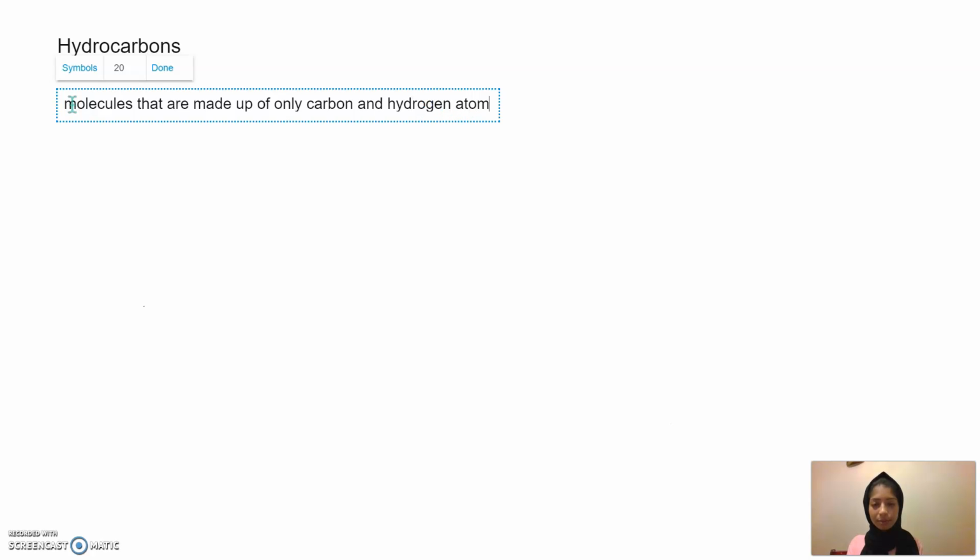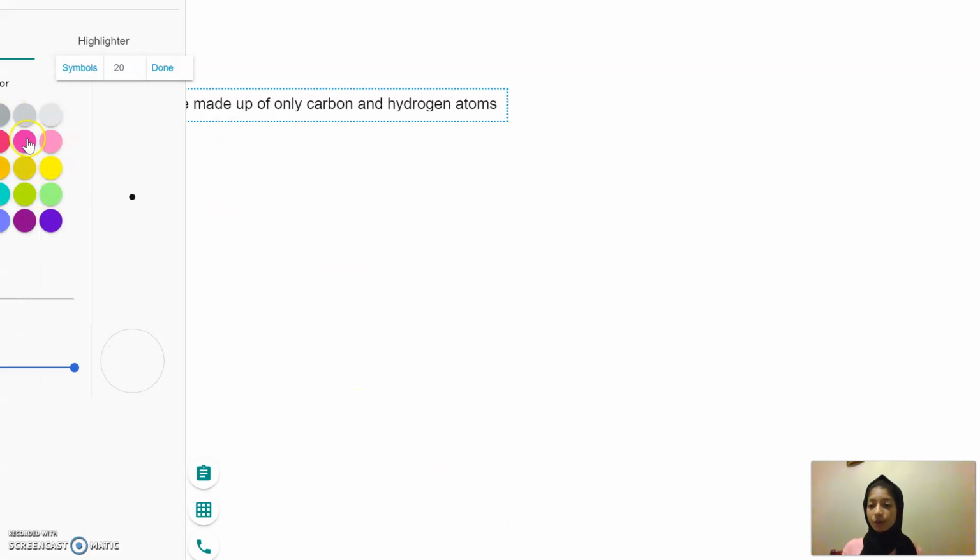So if you were to see a molecule that contains carbon and hydrogen atoms, but then also contained oxygen or nitrogen, then it wouldn't be classed as a hydrocarbon because hydrocarbons contain only carbon and hydrogen atoms.